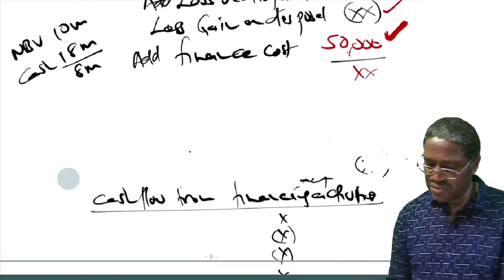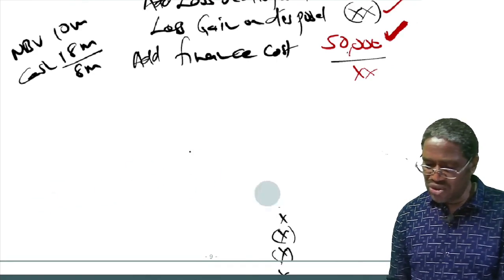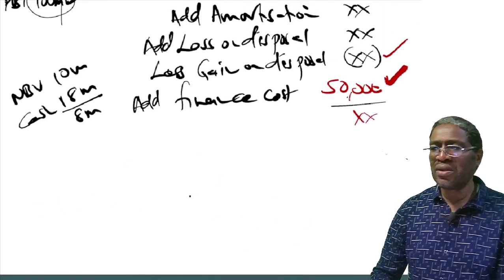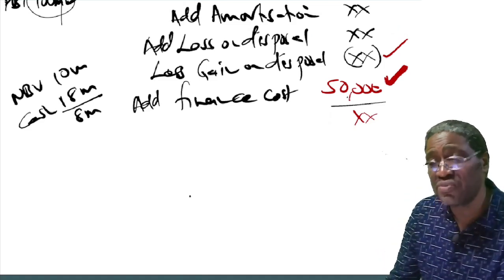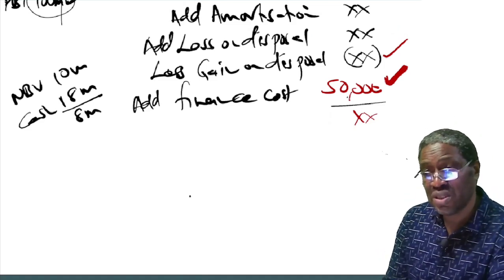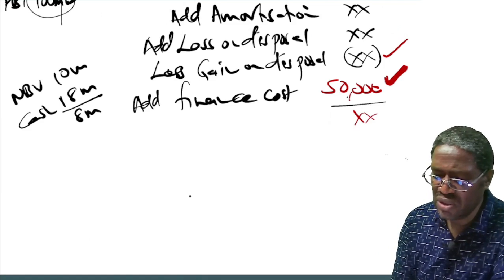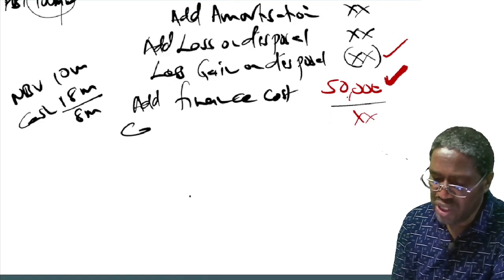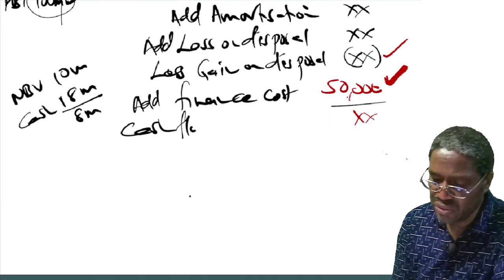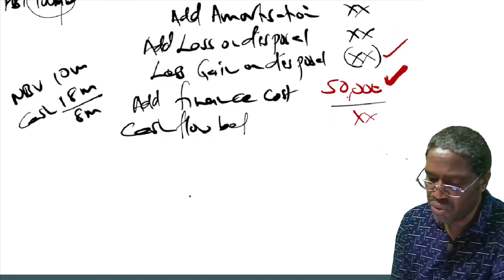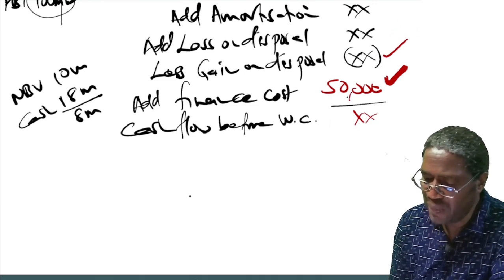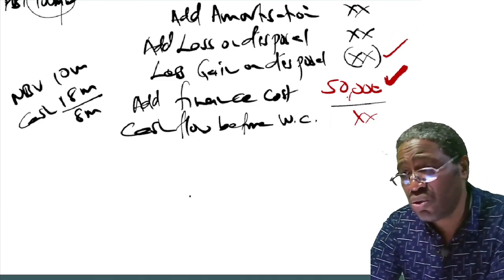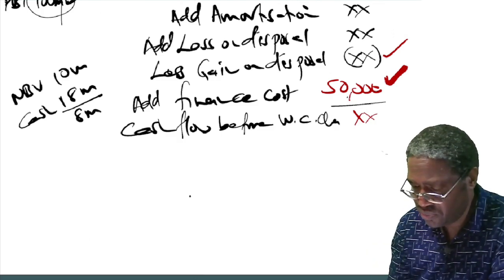That total would either be positive or negative. Let us assume it's a positive. You call it cash flow before working capital changes.